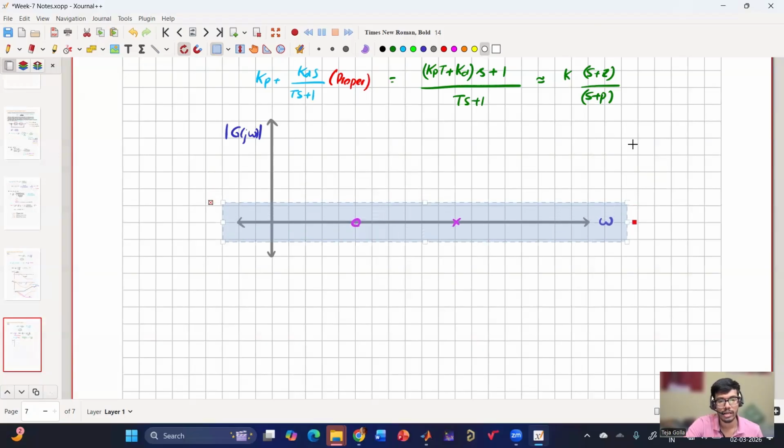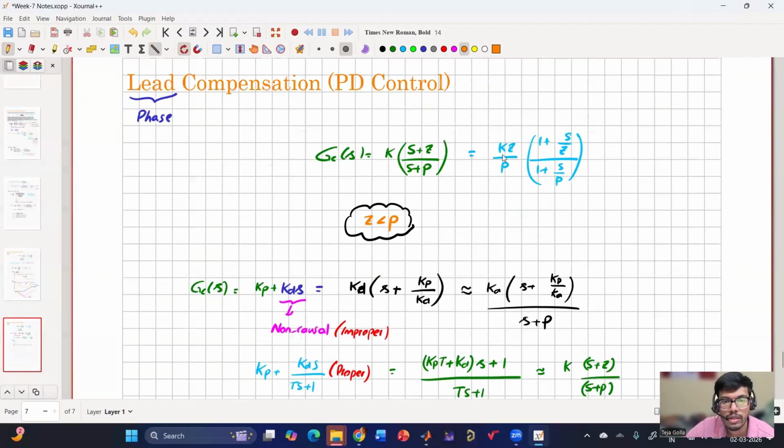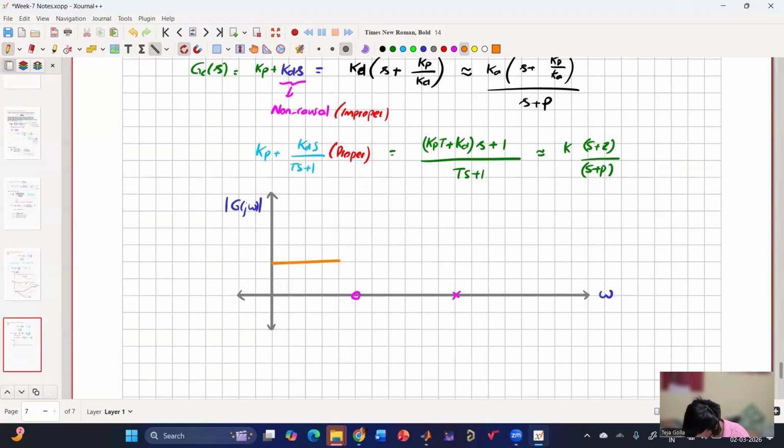Initially, it will start with a constant value, which is 20 log Kz by p, same. Then once it hits 0, it will start increasing, and then once it hits the pole, it will be constant. So this is 20 log Kz by p, and this is plus 20 dB per decade.